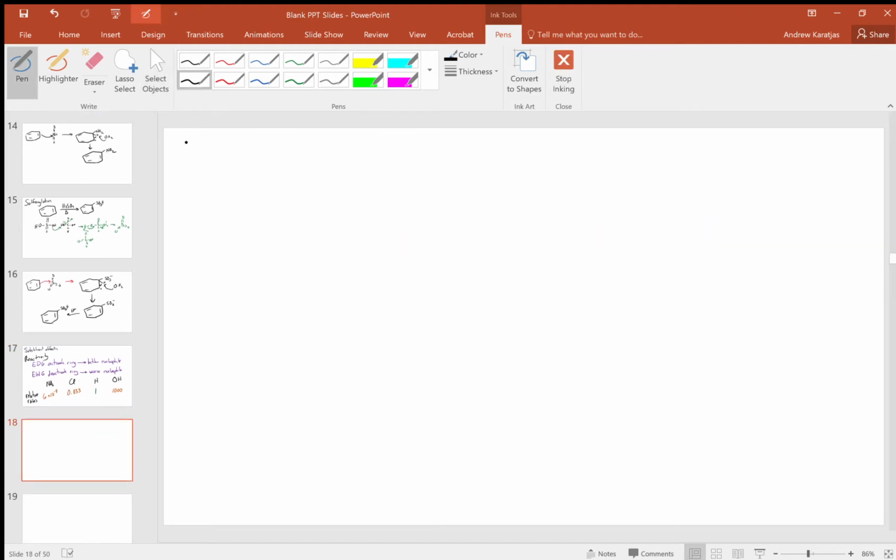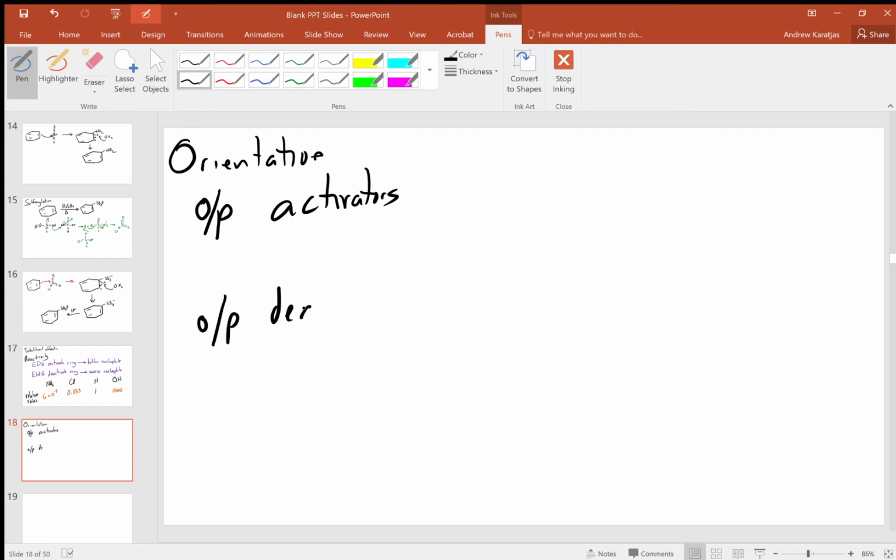What about the orientation? In other words, where does a new substituent go relative to an old one? So we have three types of categories that we can divide our substituents into. We have ortho-para activators, ortho-para deactivators, and meta deactivators.